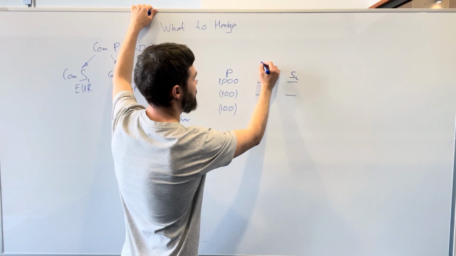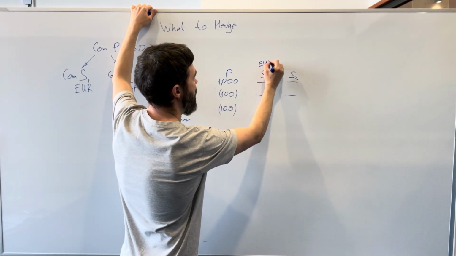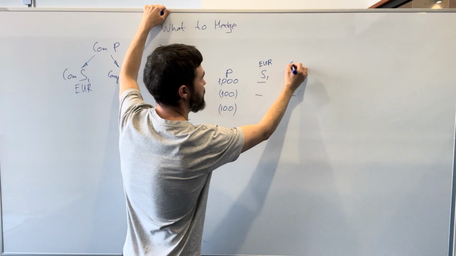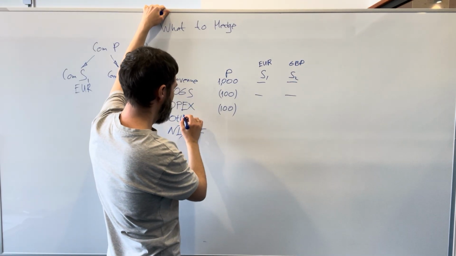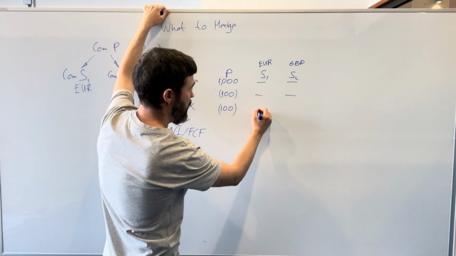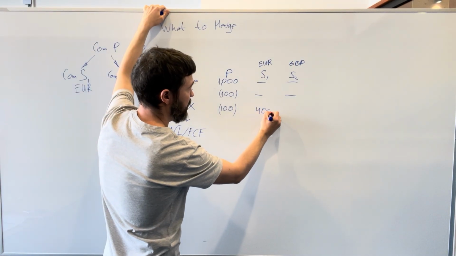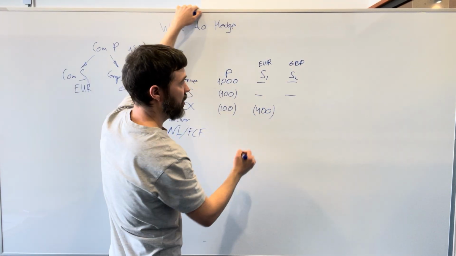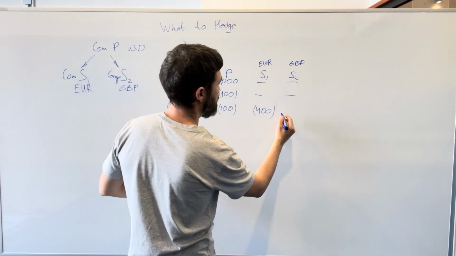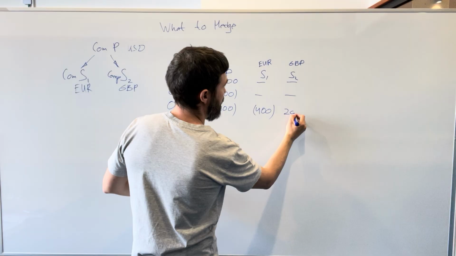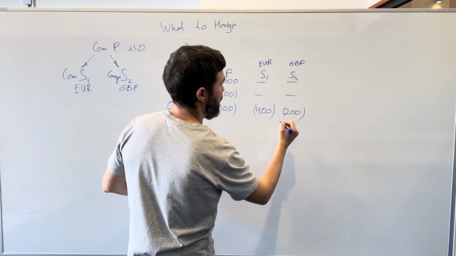So one is in euro, another one is in Great Britain pounds, and it's OPEX. In euro it's gonna be 400 million euros. In Great Britain pounds it's gonna be 200 million Great Britain pounds.